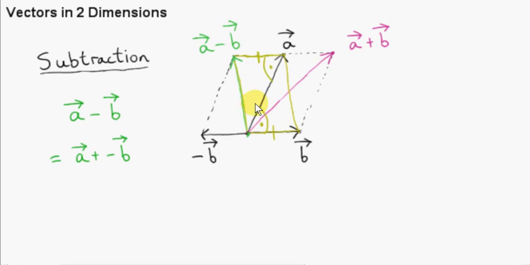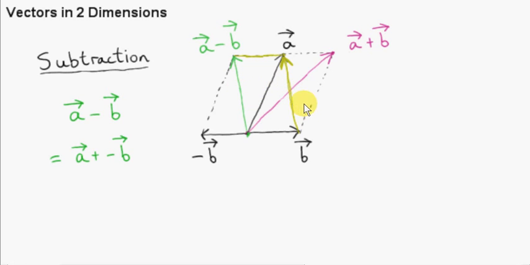So in particular, this angle here will equal this angle. But if these angles are the same, it means that this line is parallel to this line, and they're equal in length as well because the two triangles are congruent. Anyway, we don't have to worry too much about the geometry here. This vector here is the same as this vector here. So these vectors are identical because they point in the same direction and they have the same magnitude or length.